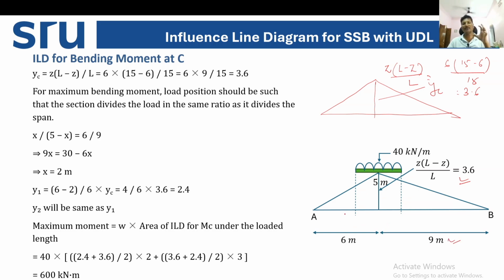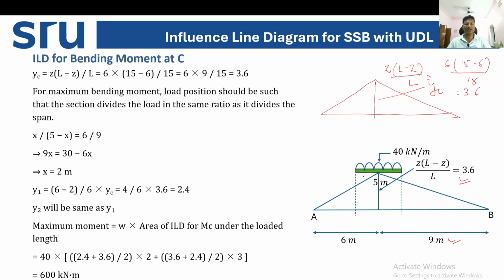So how can we position our UDL so that the distribution of the load is equivalent to the triangle in the ILD?